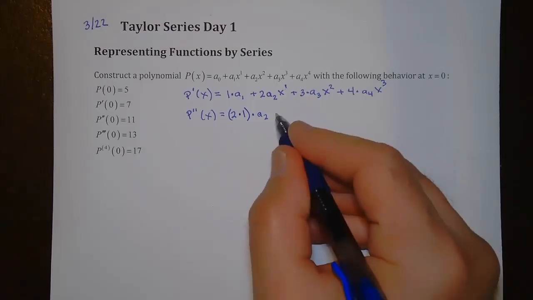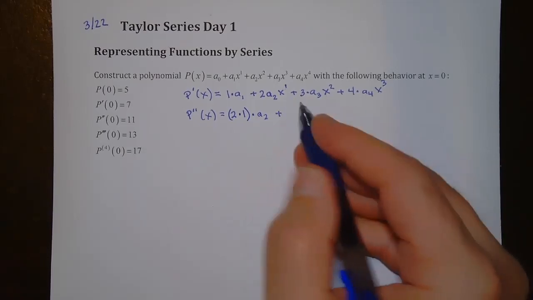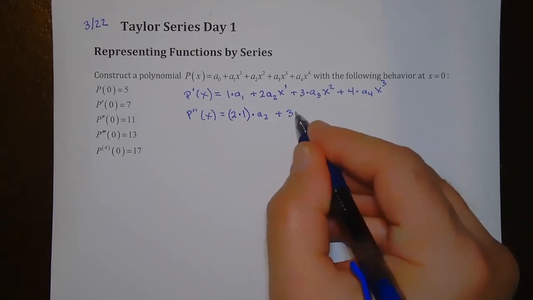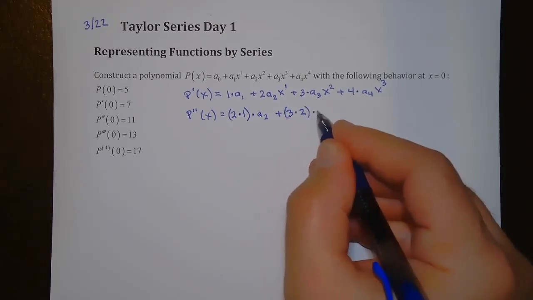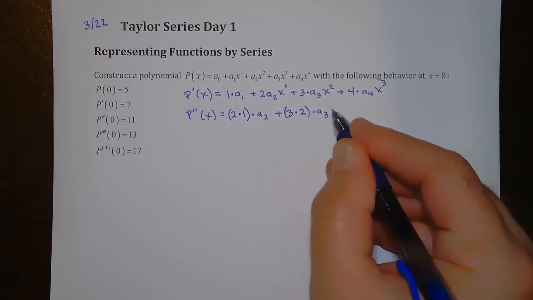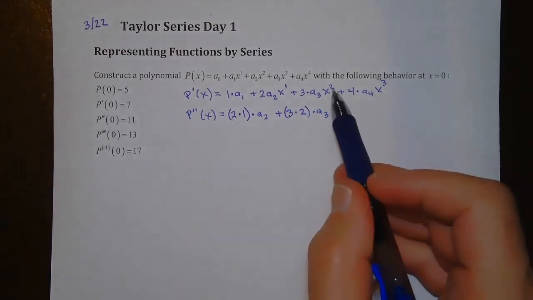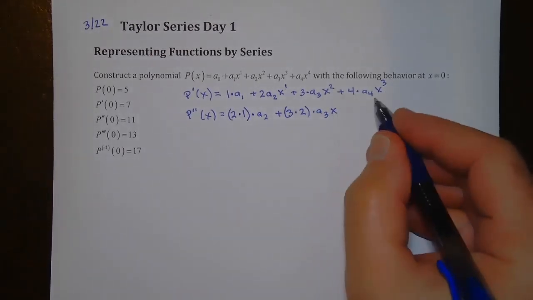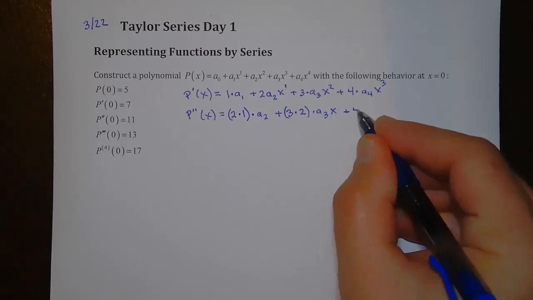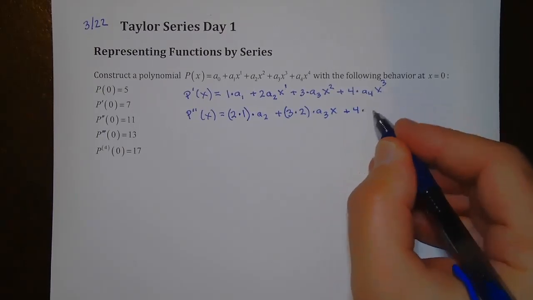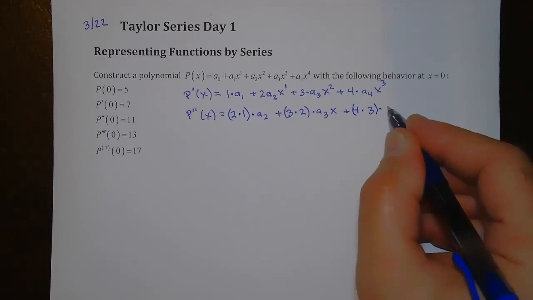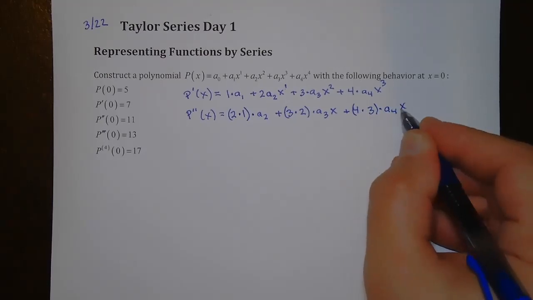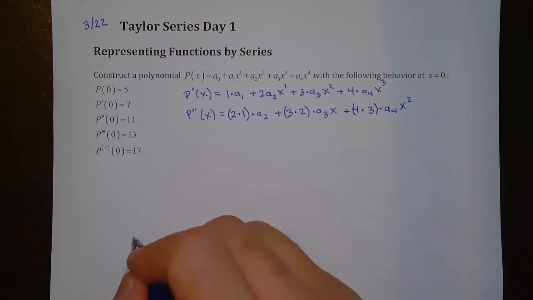And then plus, and then this one's going to be 3 times 2, and I'm going to put parentheses around that, times a sub 3 x, because the power is going to drop by 1 there. All right, and then this next one's going to be plus 4 times, the power is going to drop down, so that'd be 3 times, and I'm going to put parentheses around that, 4 times 3 times a sub 4 x squared. Okay, so now we got to go to the third derivative.